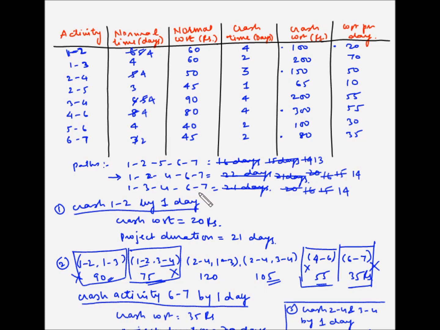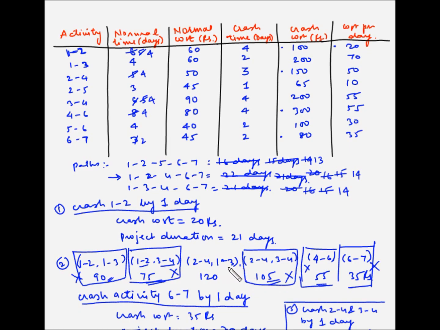So now let's find out which other combination of activities can be crashed. So this one is now no longer available, so we have already used activity 3-4 to its entirety, so we can't further crash activity 3-4. So this one is also out of question now.